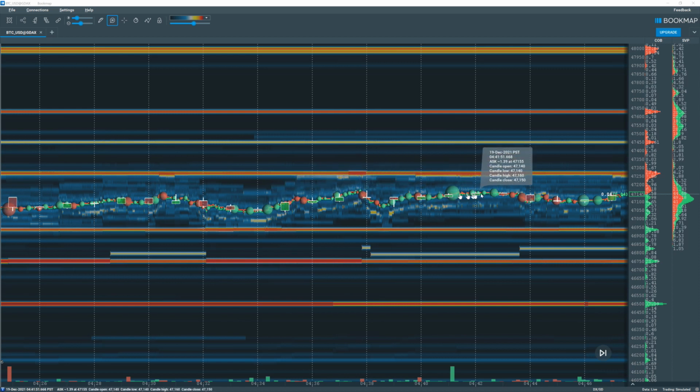Likewise, a giant red bubble shows a big sell order that was filled. There are also little green bubbles and little red bubbles. You can see also the traditional candlesticks here. Here's a green candlestick. Here's a red candlestick.